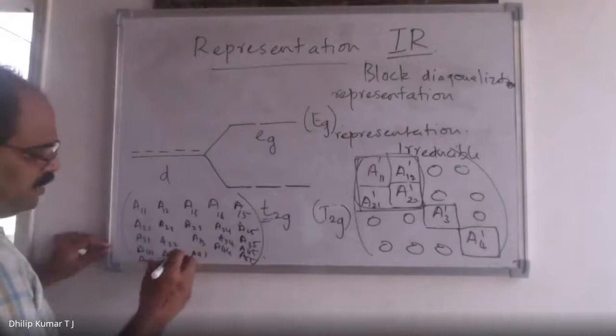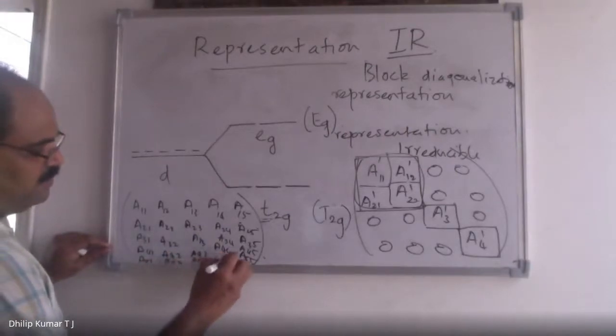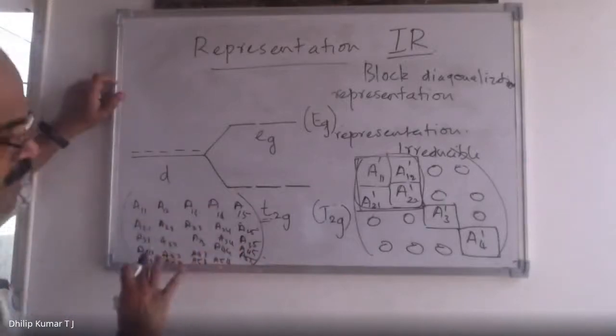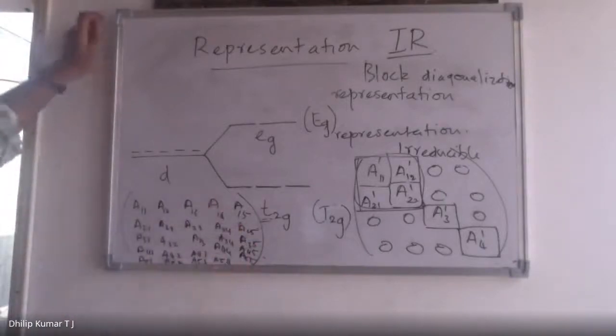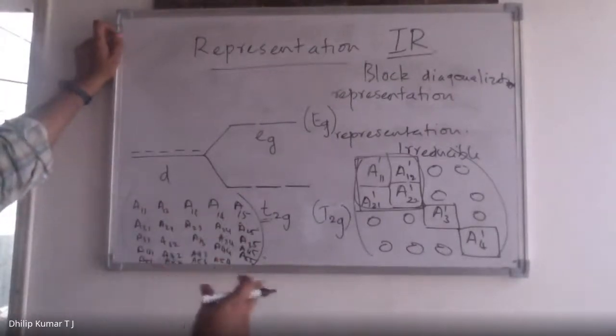This is for d orbitals, A52, A53, A54, A55. So this is for d orbitals. This is called a reducible representation, but by performing a similarity transformation, we can convert this 5 by 5 matrix into all diagonal elements.